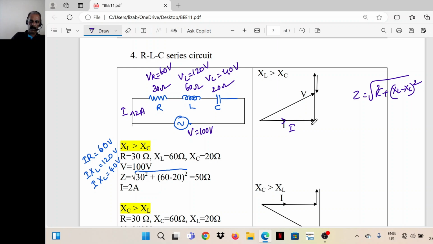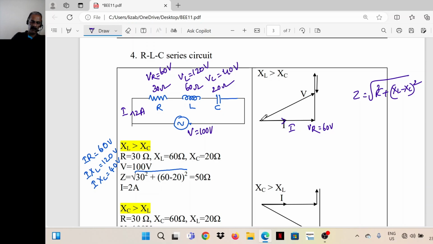Now we can mark. The voltage across the resistor we can mark in the same phase as I. This is I. In the same direction, we can mark VR, which is equal to 60 volts. Then VL, the voltage across the inductor. In an inductor, current lags the voltage by 90 degrees, or voltage leads the current by 90 degrees.